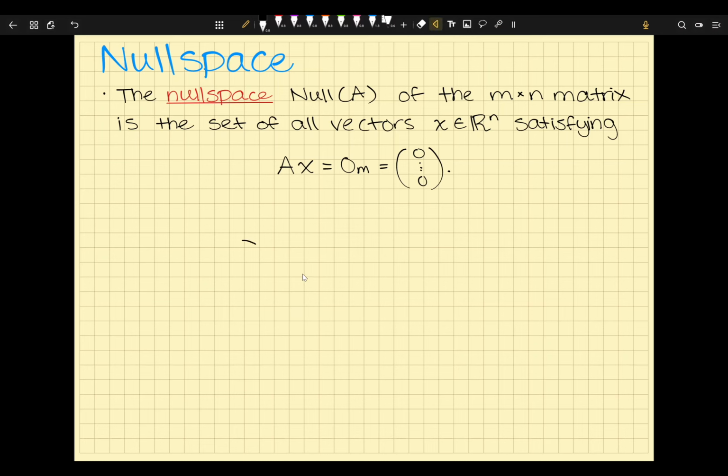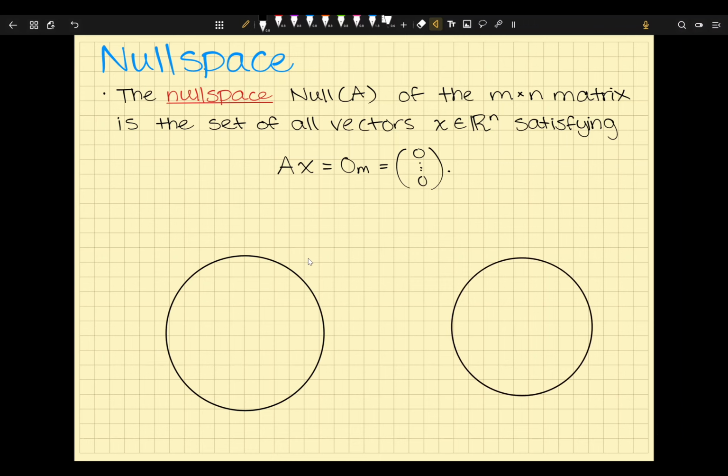Let me draw a diagram for you. All right, so our matrix A, we can think about it as a linear transformation, and it eats vectors from Rn and spits out vectors in Rm.